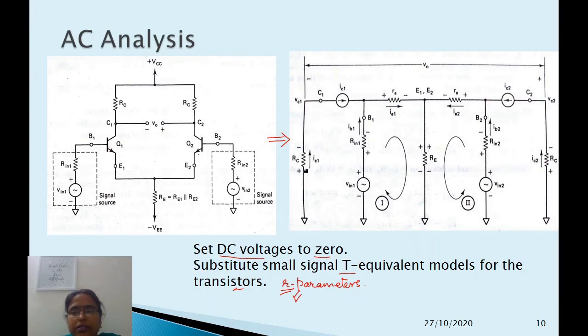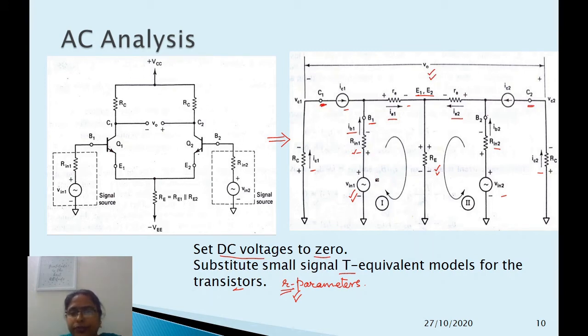Here you can see this is the RC, this is the C1 terminal, this is IC1 current flowing, this is RE, these are E1 and E2 which are connected, then this is IE2, IE1, this is base terminal B1, IB1 current is flowing, this is Vin1, Rin1, RE resistance is there, this is B2 of transistor Q2, then this is Rin2, Vin2, and this is the RC and C2 of Q2, and we are taking the output at the C1 and C2 terminals, right?